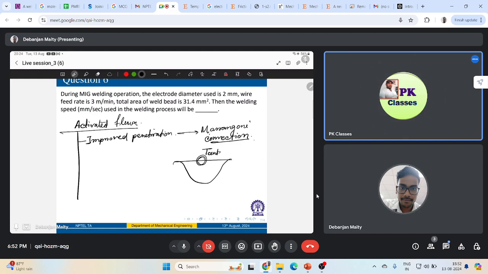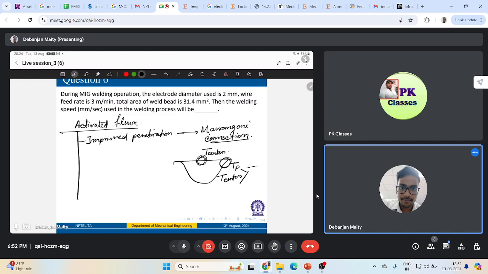Let's say this is T center, this is T periphery. So T center will be higher than T periphery, right? Over here my surface tension will be lower, and over here it will be higher. So in conventional gas tungsten arc welding, because of Marangoni convection, the weld metal will flow like this.